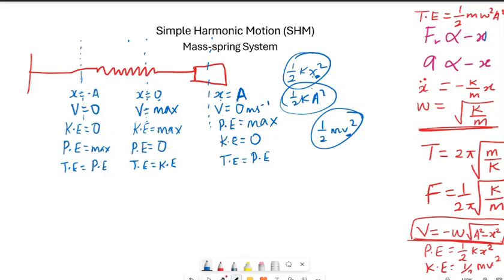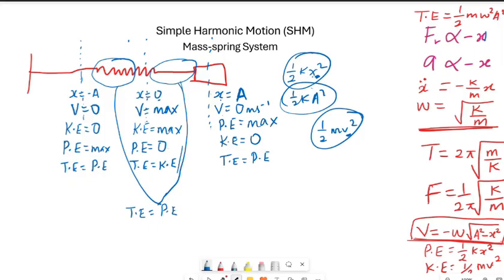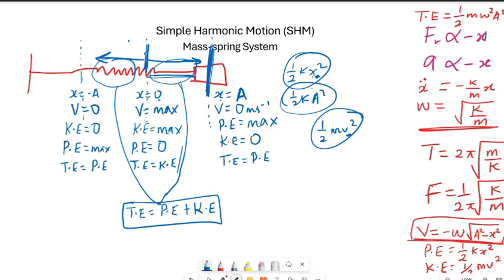Now, at any point in between the system, here or here, our total energy will become potential energy plus kinetic energy. Note that our total energy becomes potential energy plus kinetic energy at any point in this space. And mind you, x is measured from this main point to any point, not from this maximum point to any point. It's from this main point.